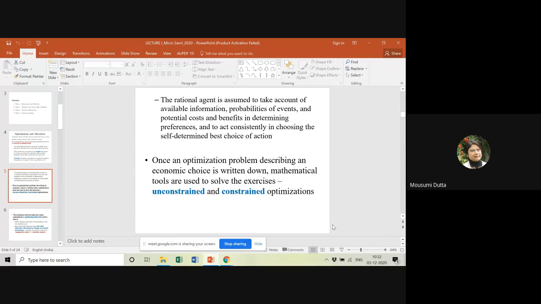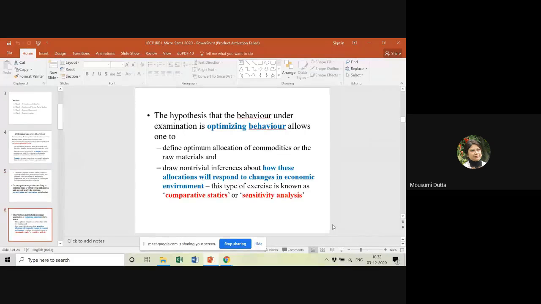Whatever be the thing, optimization is a very, very important tool to analyze economic issues in the context of microeconomics. So in your first year mathematical economics course, you will learn a lot about this kind of optimization. However, your learning will not be completed in this semester. That will also continue in the next semester.